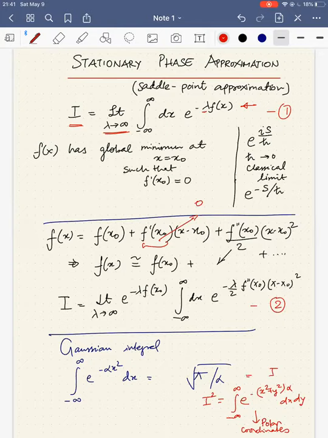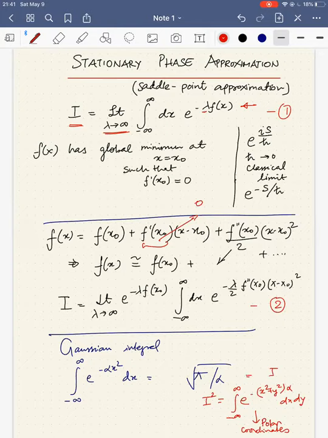When we go to the Euclidean time, this becomes e to the power minus S by h bar, and the small h bar is equivalent to large lambda, which we need in the stationary phase approximation.